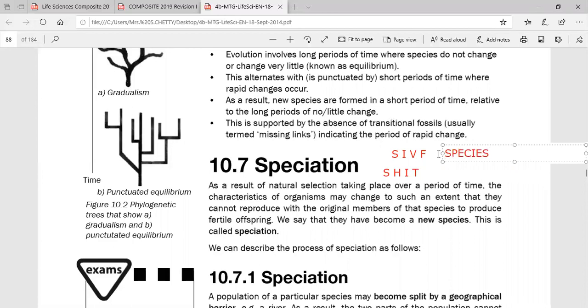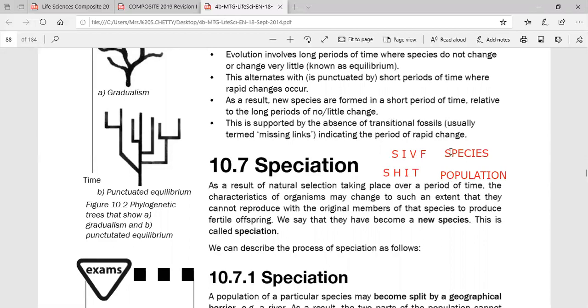Now, the definition of species fits into the definition of population, because a population is organisms of the same species in the same habitat at the same time that are able to interbreed to produce viable and fertile offspring.